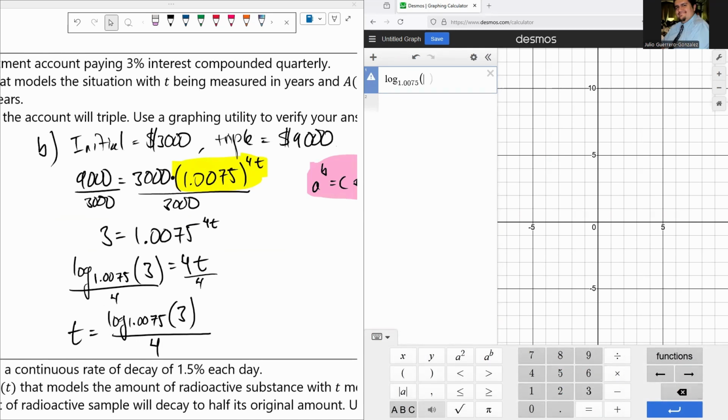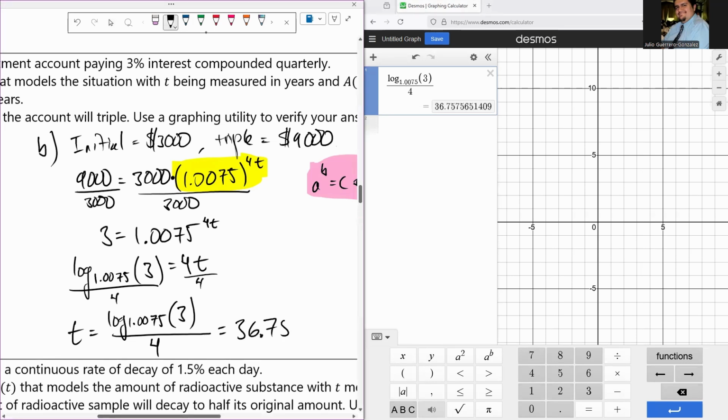What's in here is a 3, right? Close it all up and then divide by 4. Okay? And we get 36.7575.